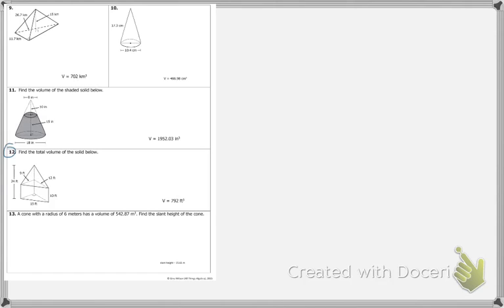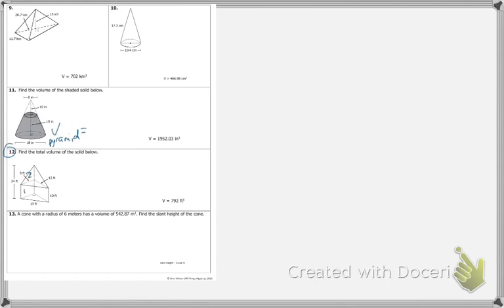So let's consider this guy on the bottom. This is number 1. This guy on top is number 2. So, volume of a pyramid. Let me see if I can do this a little bit better. We'll put volume of a pyramid.